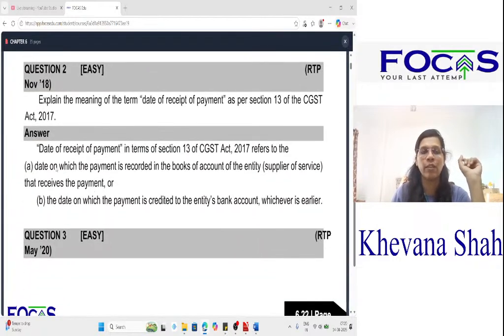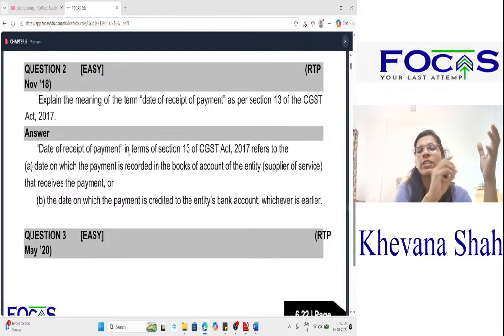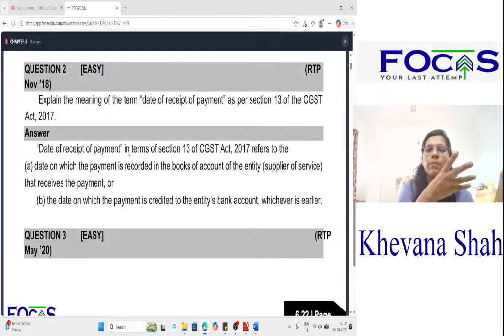Now, second question: explain the meaning of the term date of receipt of payment as per section 13 of the CGST Act 2017. So what does date of receipt of payment mean? It refers to the date on which the payment is recorded in the books of account, that is, the supplier of service receives that payment and makes an entry in their books, or the date on which the payment is credited to the entity's bank account.